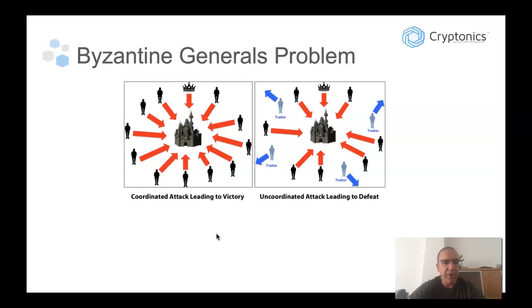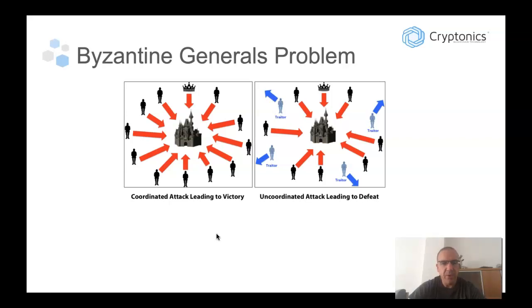Now, if they coordinate themselves and do the same things, they survive or win the battle. But if some traitorous generals just retreat, meanwhile others attack, then they lose the battle. Now obviously these generals don't trust each other. They have to find a way of reaching a consensus without having to trust them.